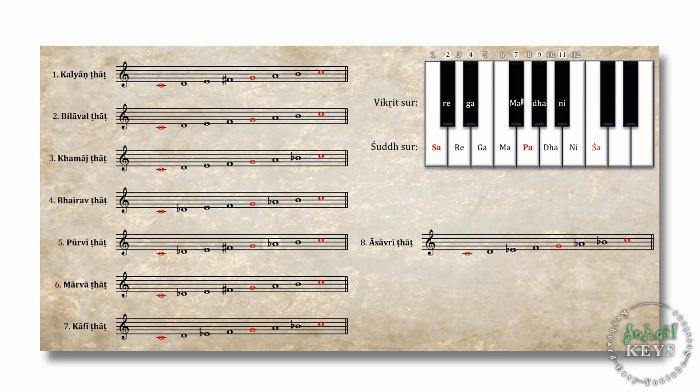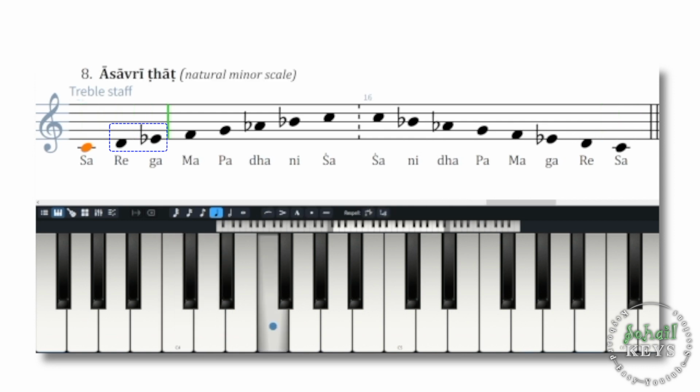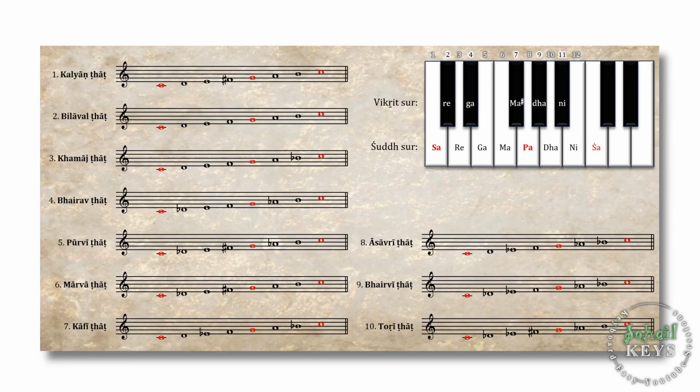The next 2, Kafi and Asavari, have Śuddh Re and Komal Ga. While the last 2, Bhairavi and Todi, have Komal Re and Komal Ga.